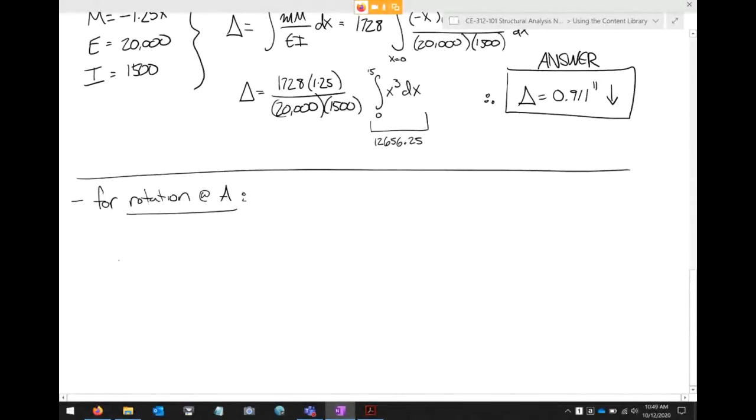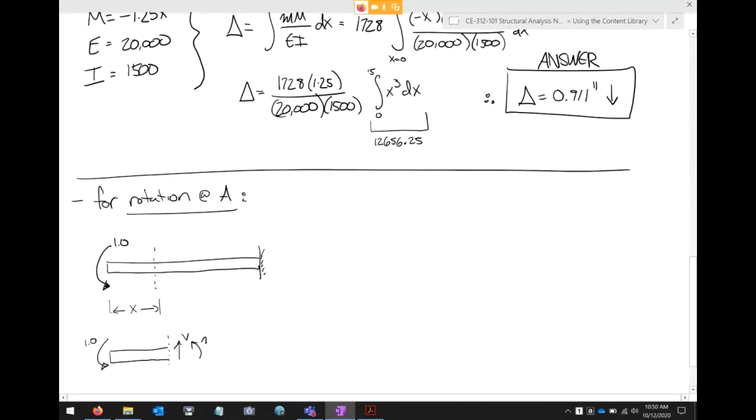For rotation at A, you're going to have a beam that instead of having a point load, it instead is going to have a single concentrated moment at A. And if you cut a section at X, you're going to have something like this.